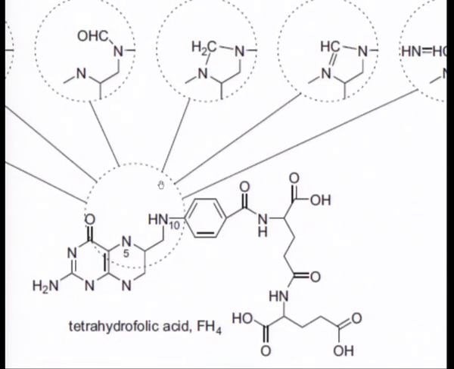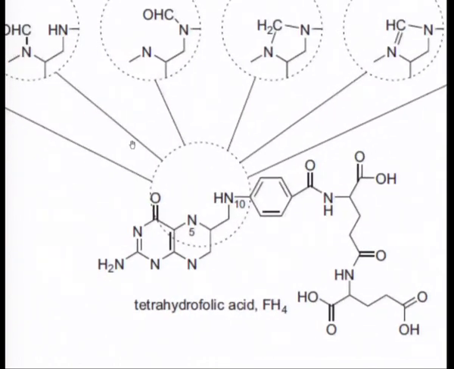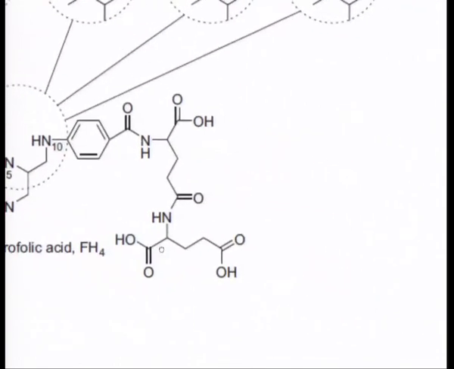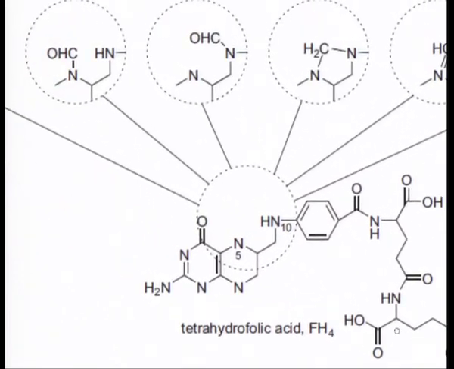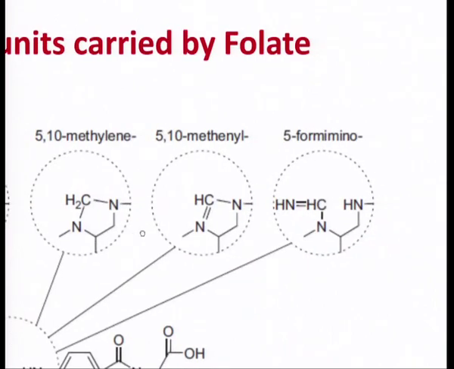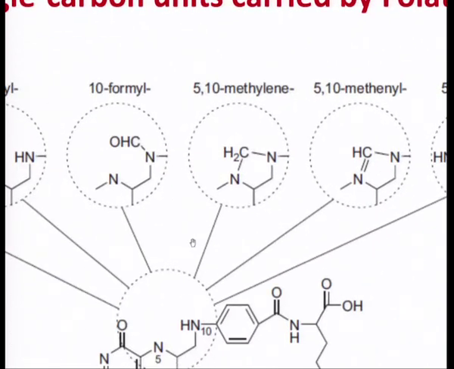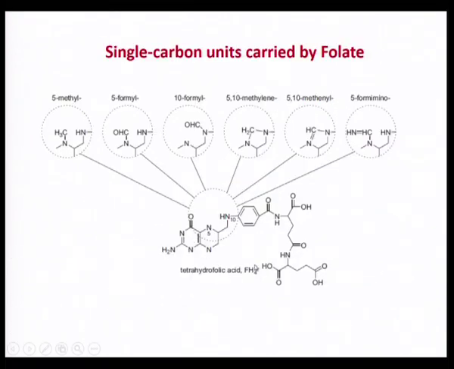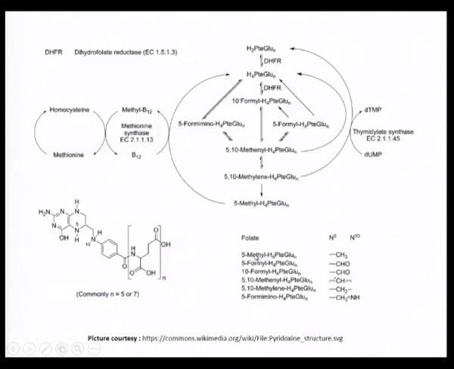Okay, so you see that it all centers around this particular region, the nitrogen region from either side, which contributes to the flexibility of this particular compound. So you see there how single carbon units carried by folate would be able to get into the picture of a fine activation, a fine metabolic role happening.